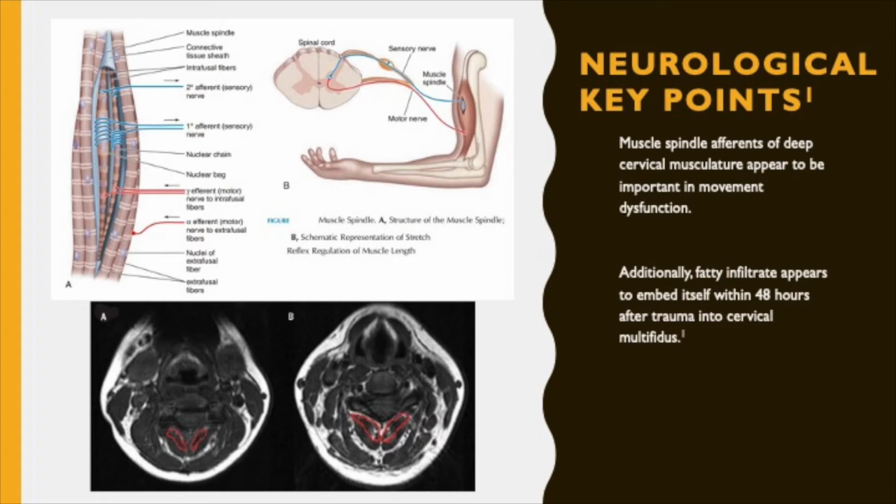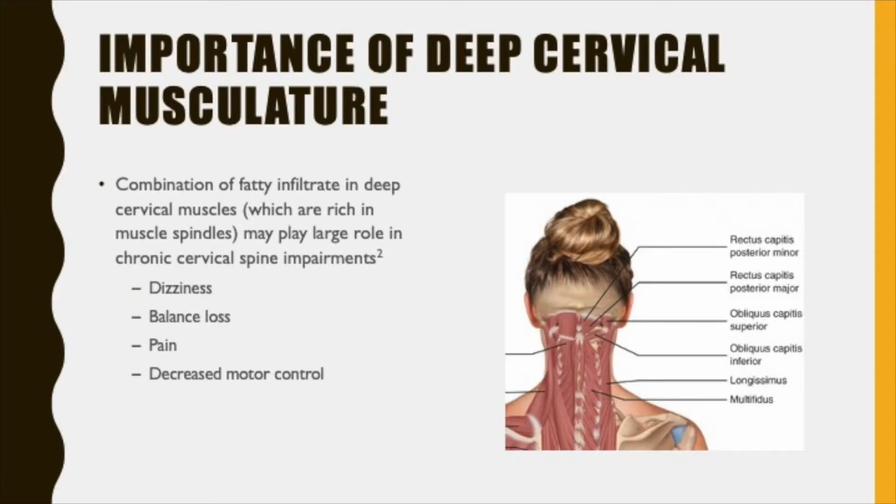Additionally, there's been a lot of research on the fatty infiltrate that embeds itself inside of this deep cervical musculature, and at times can be measured within 48 hours after a certain trauma, such as whiplash.